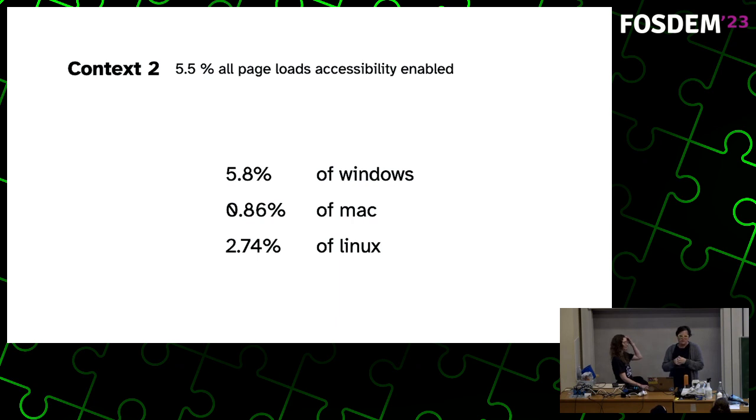In general, 5.5% of all Firefox page loads for the month of January had some accessible technology built in. And that's not evenly distributed across the OSs. We see a much higher use on Windows. And Linux isn't bad. Orca, yay. And then Mac is far below that. But for the most part, if we were talking about who is touching this work and who do we have to care about, it's these Windows users.